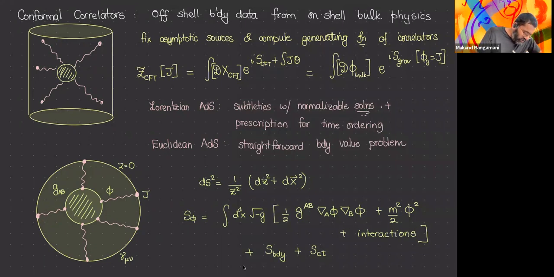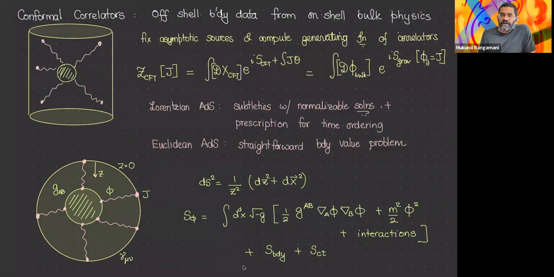So the radial direction goes in, Z is my radial coordinate, and Z is 0 is a boundary in this Euclidean AdS, which I'm using in these Poincare coordinates. And then there's some interaction.